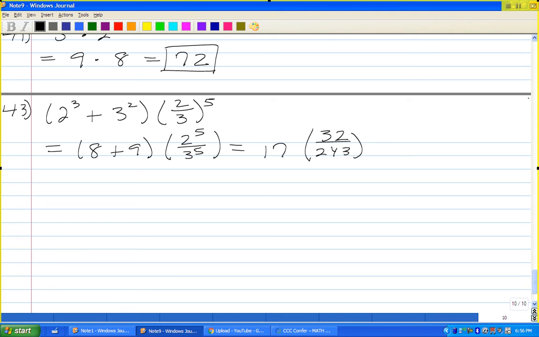So this is equal to 17. That's right, 17 is 17 over 1 times 32 over 243.